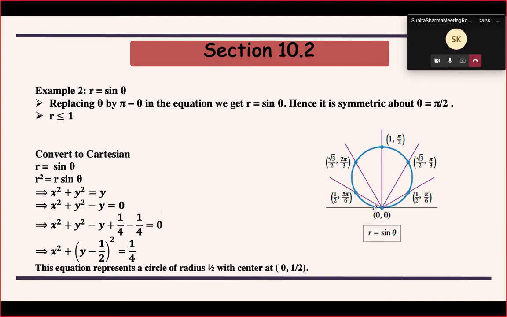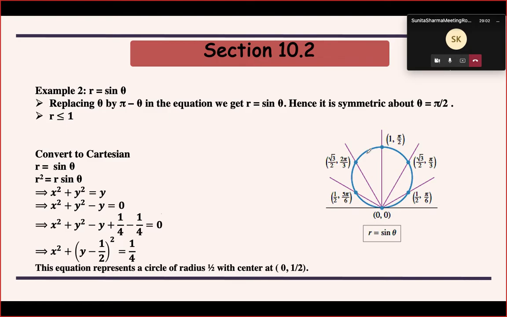So till pi, if you take the values with these intervals, you will get the complete picture. After that, the values will start repeating. So you will get the duplicate graph or curve, which is going to overlap. So there is no requirement of checking points more than pi, but just to be sure, you can check it till 2 pi.